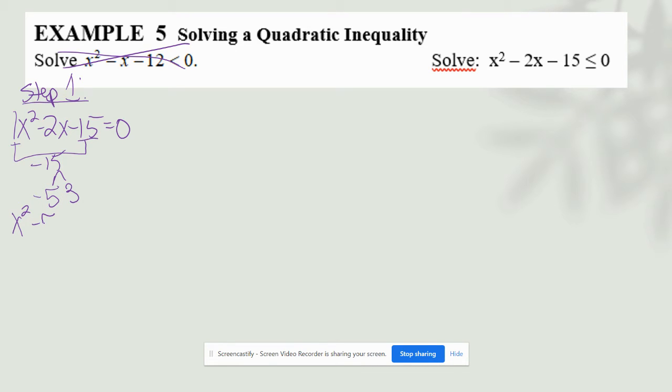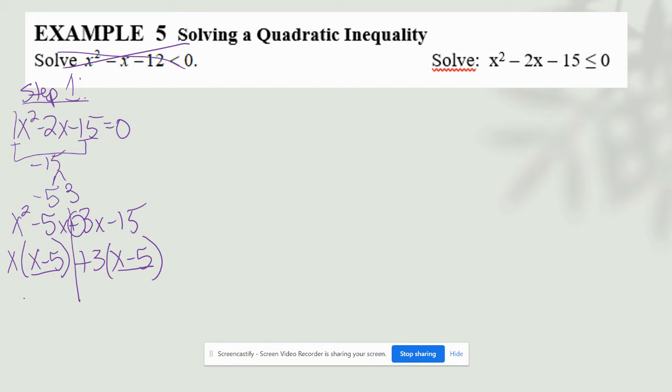X squared minus 5x plus 3x minus 15. Split that in half. Our GCF on the left is x, leaves us with x minus 5. The right side starts with plus. Our GCF on the right is 3. That leaves us with x minus 5.